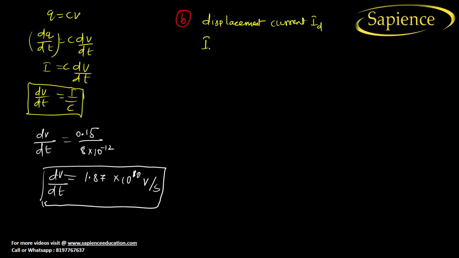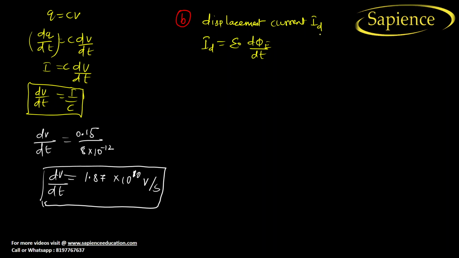And we know that displacement current i_d is equal to epsilon naught into dΦ_E by dt, that is, the change in electric flux divided by dt, right? So how do we find dΦ by dt?